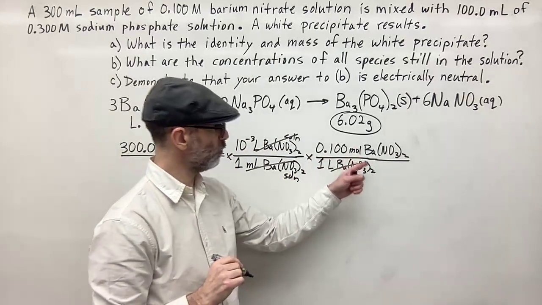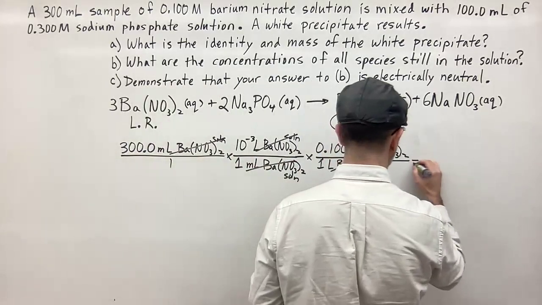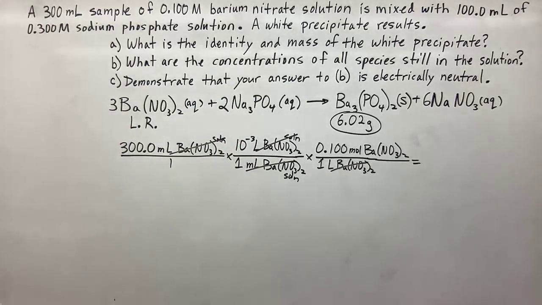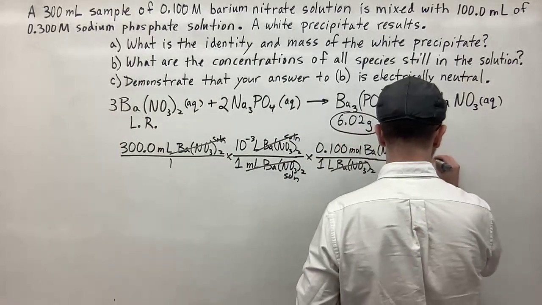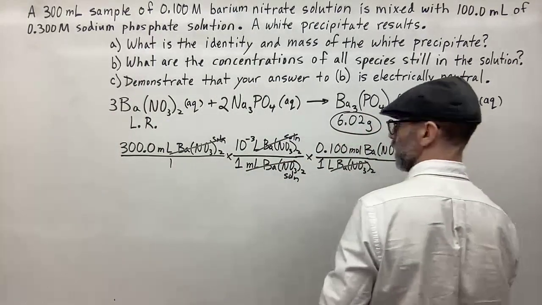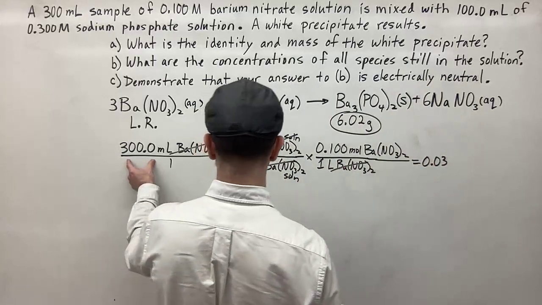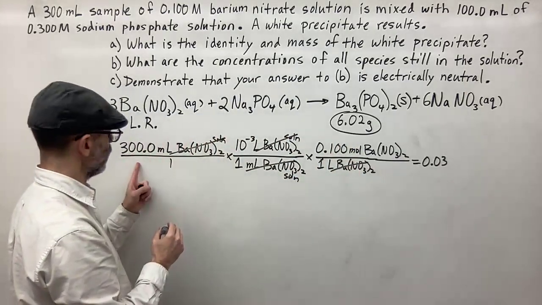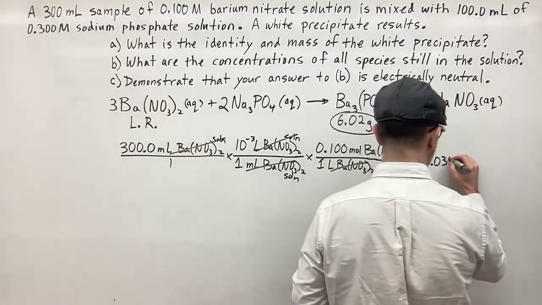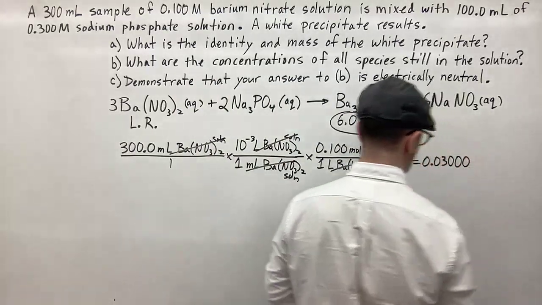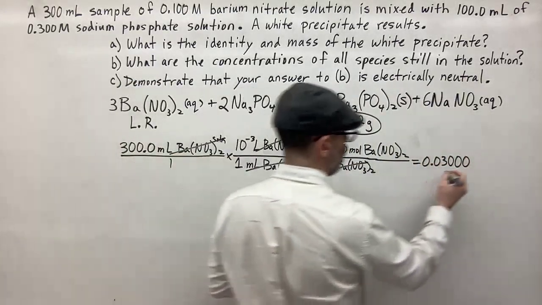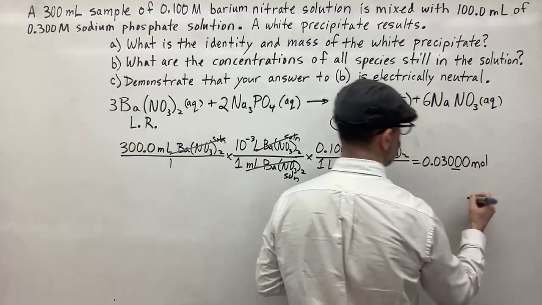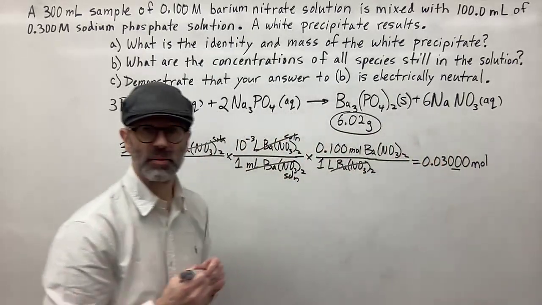And then we have moles of barium nitrate. So if we calculate this out, we get 0.03. Let's see how many sig figs we have. We have 3 sig figs here, we have 4 here, so we should have 3 sig figs here. I'll just put another one in there just to be on the safe side. So we have 0.0300 moles of the barium nitrate.